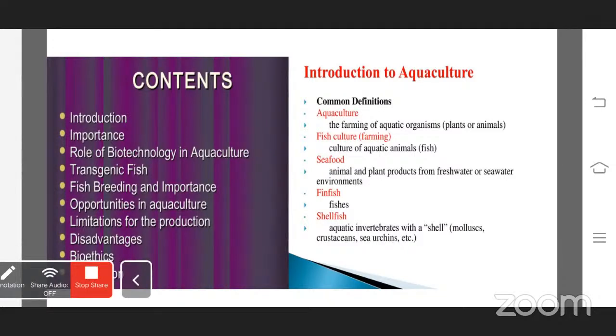Okay. Commonly, so many definitions are there for aquaculture. See here.